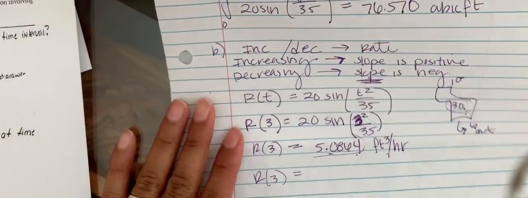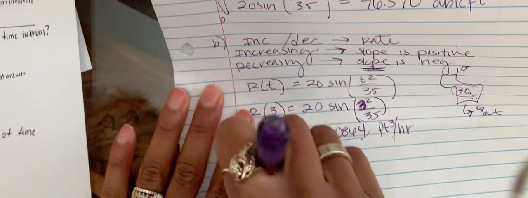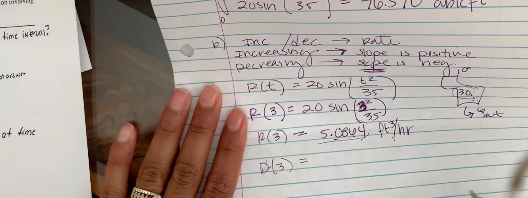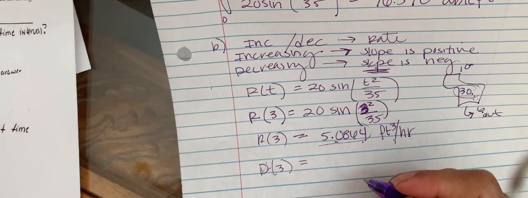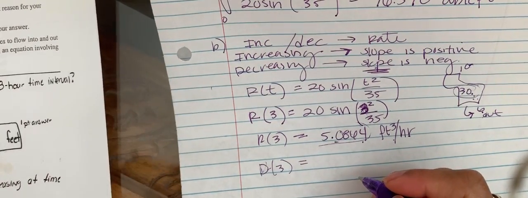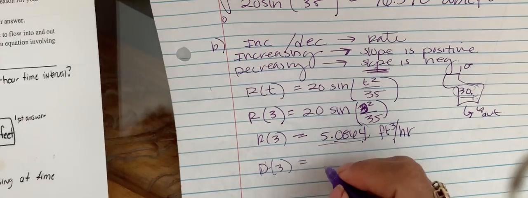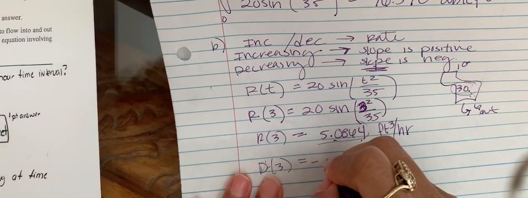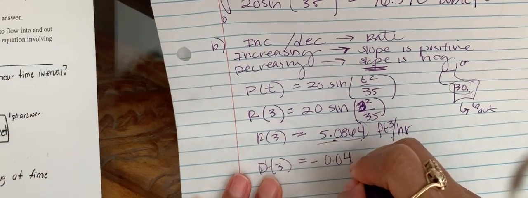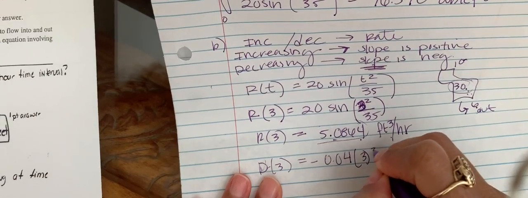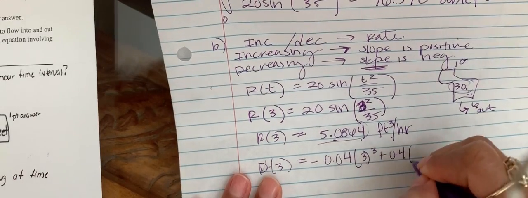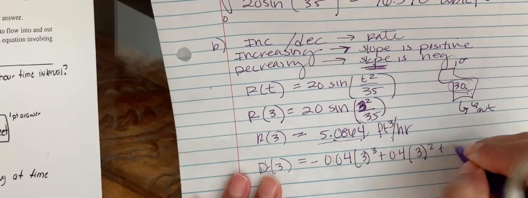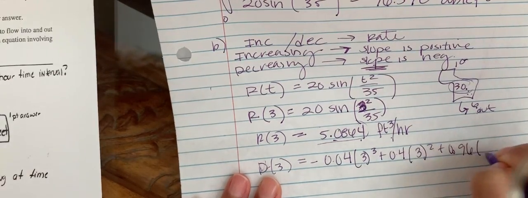So that means we're not going to use R, we're going to use D. So we're also going to plug this into the equation for D. So we're going to say, all right, 3 cubed plus 0.4 times 3 squared plus 0.96 times 3.